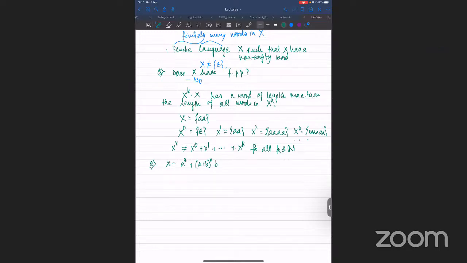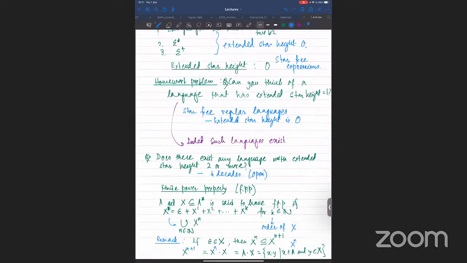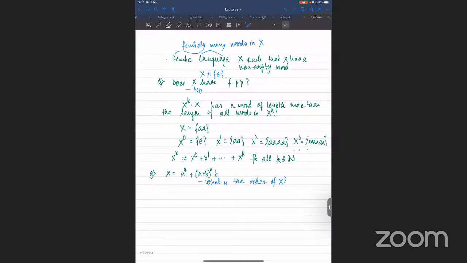So what is your question, Vikram? The question is, what is the order of X? So are you asking what an order is? Order is what we saw, right? K is the order, correct?